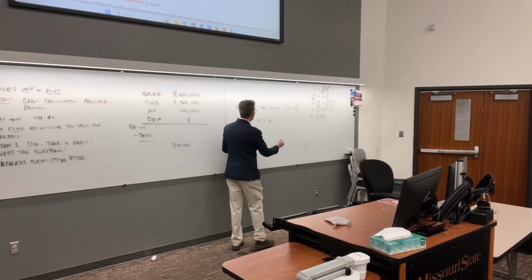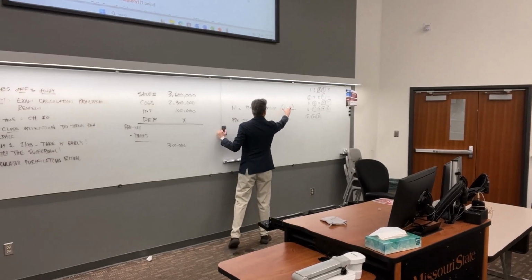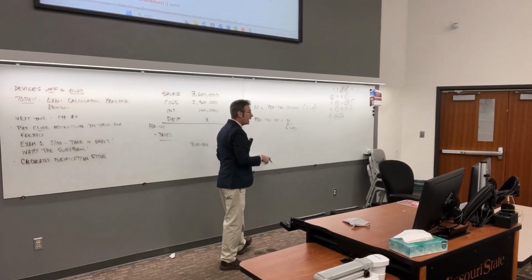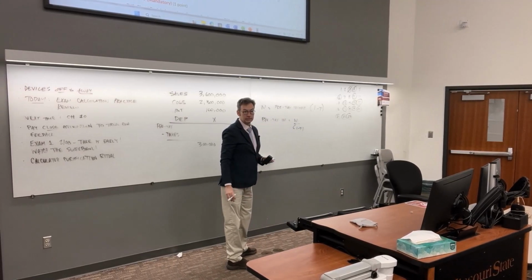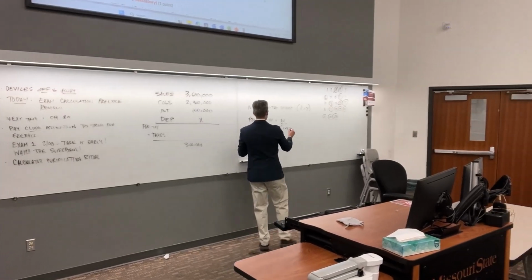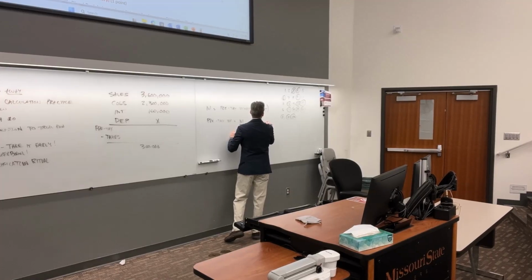Divide both sides by 1 minus T. If I divide both sides by 1 minus T, it brings this over here. It leaves pre-tax income by itself. Okay, so now we know that what we're really looking at here is 300,000 divided by 1 minus 0.4.